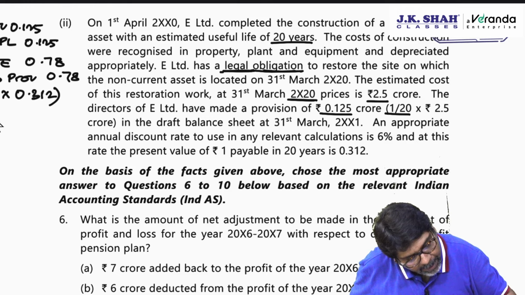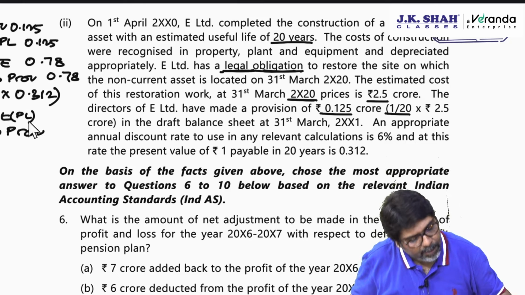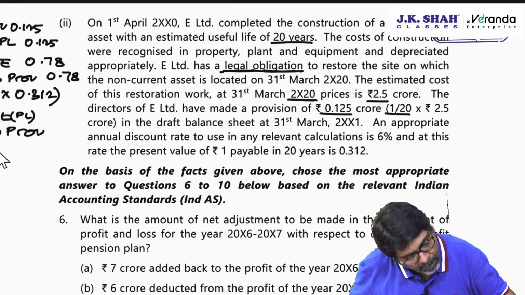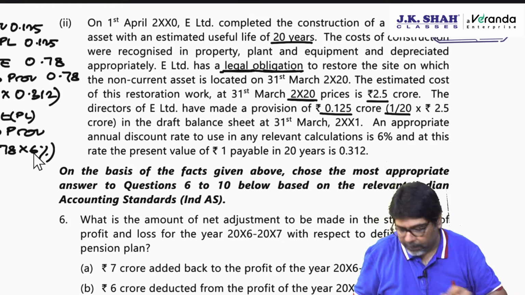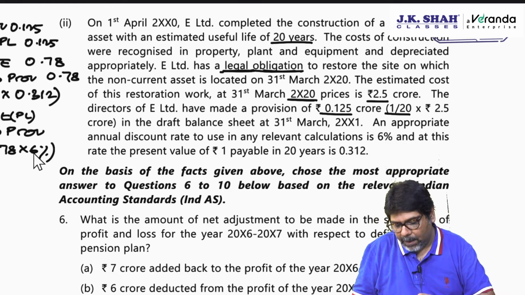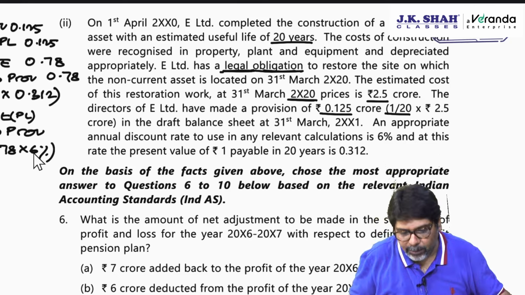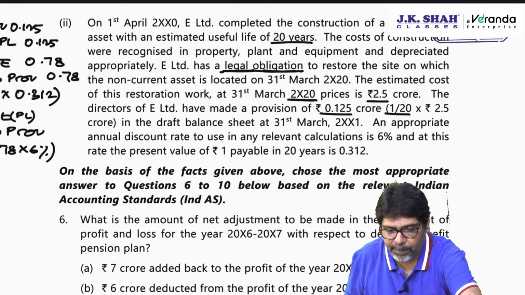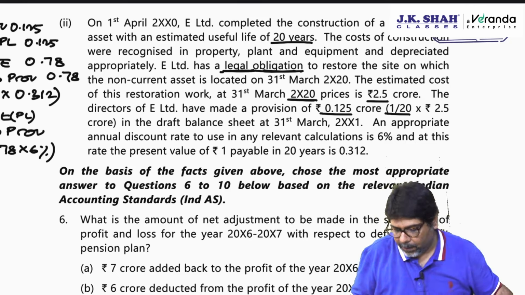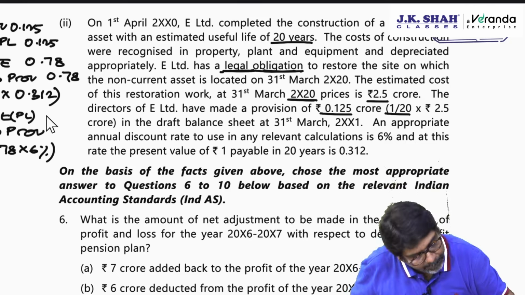So interest to provision. Interest would be debited to PL. How much? 0.78 into 6%. That comes to 0.0468.